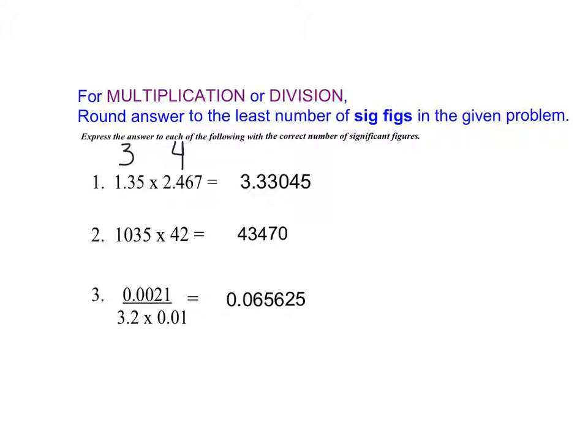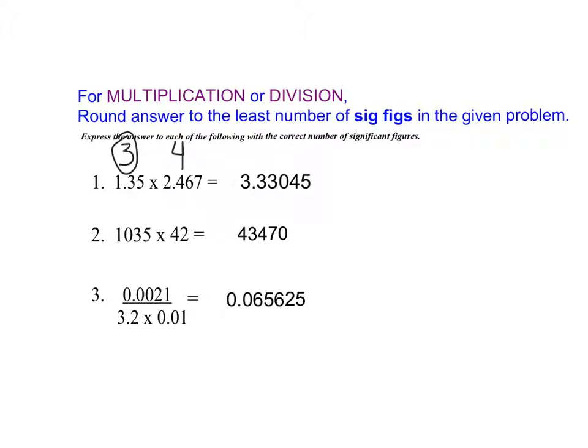When you're doing a multiplication or division problem, you have to use the least number of sig figs that you have. Well, one of my numbers has 3, one of my numbers has 4. Because you're in this class, we have to be confident enough that you know that 3, in fact, is less than 4, which means you're going to round your final answer to 3 significant figures.